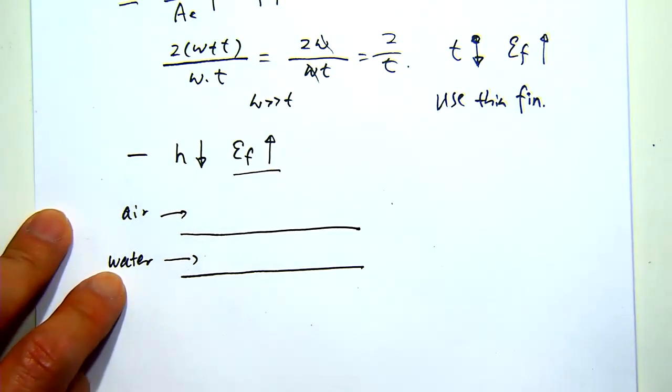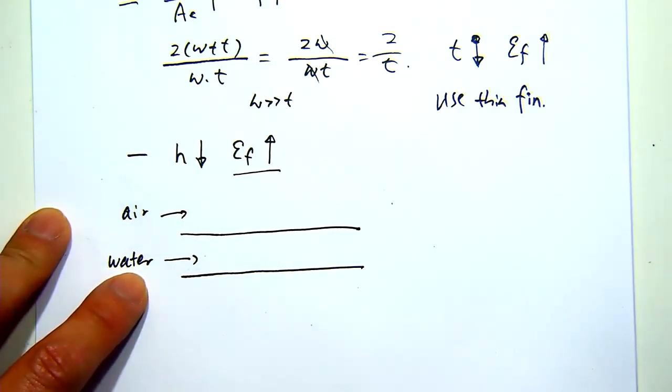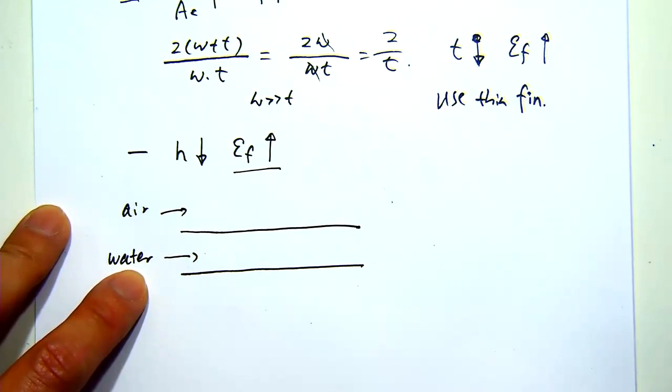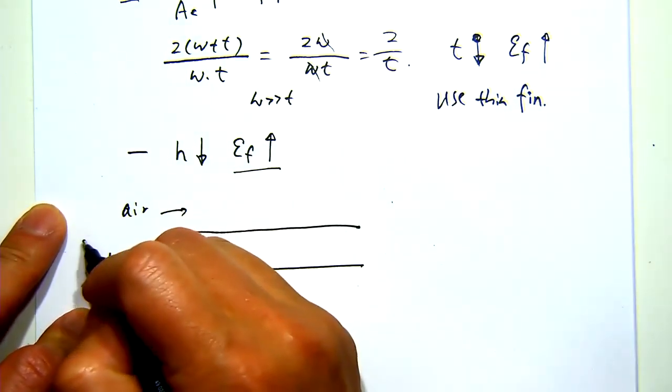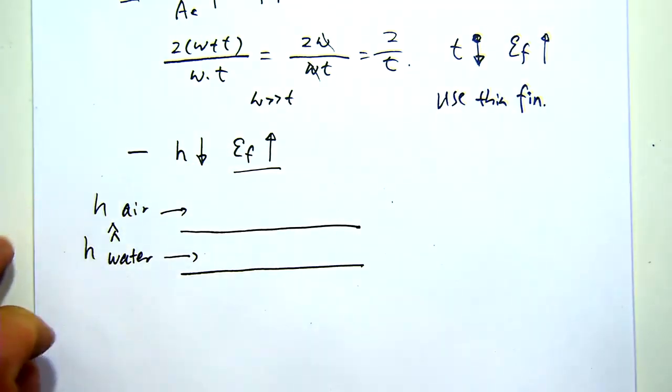We haven't discussed that, but for liquid, the heat transfer coefficient h is an order of magnitude larger than for air. So the h there is much larger than h of air, right?